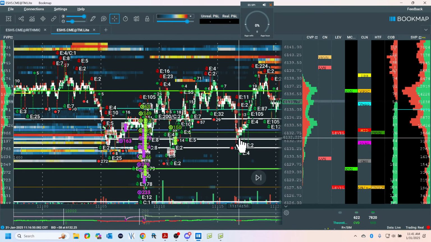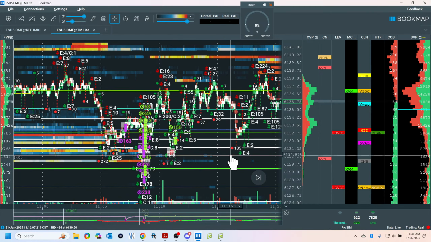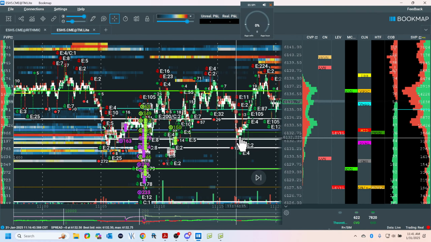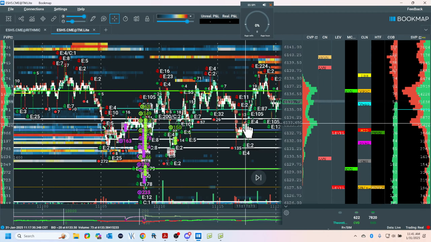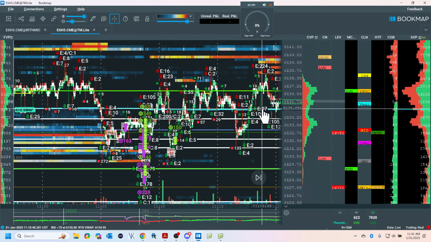See where it comes? If you understand how this works, here's what's hard for us. Would you be able to put a limit order there and just let the market come down and pick you up with a stop under here? Or would you need, quote, confirmation? That means you'd be buying it here and your stop would be under here. I'm just asking. You have to figure that out. And where am I trying to go again?